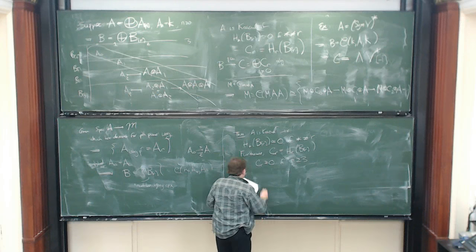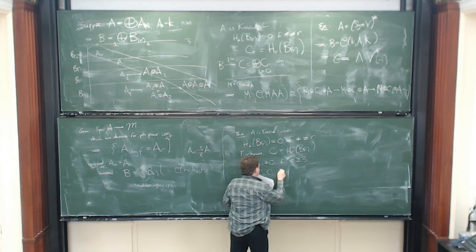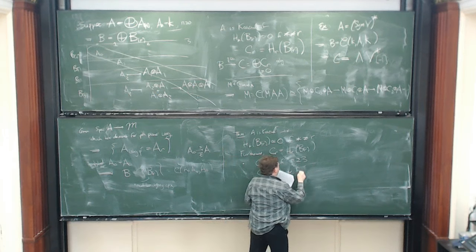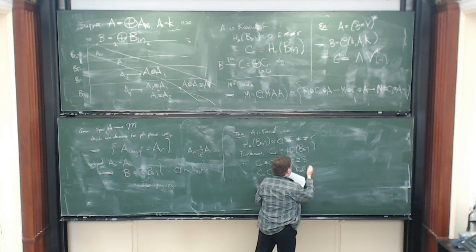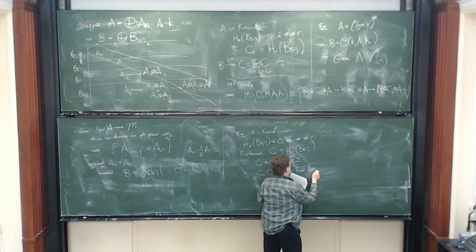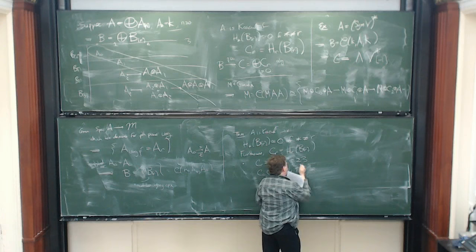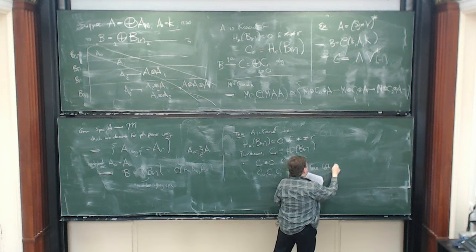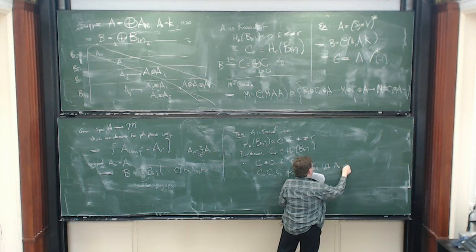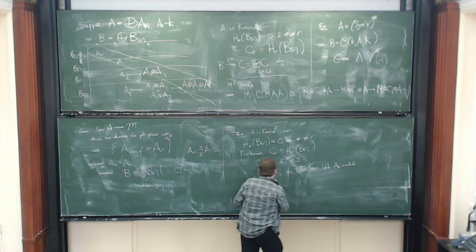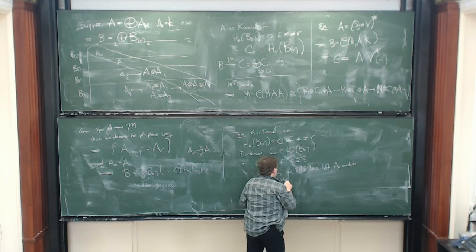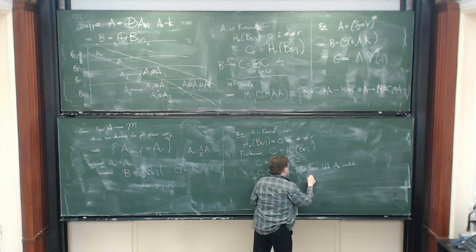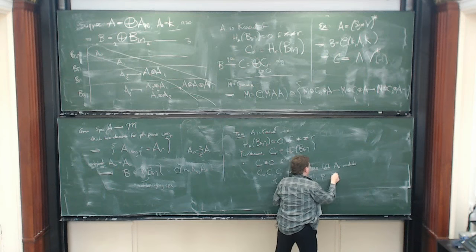And also, these things are finite, free, locally free, flat, I don't know. They're locally free, let's say left A0 modules of rank 1, p plus 1, and p, respectively.